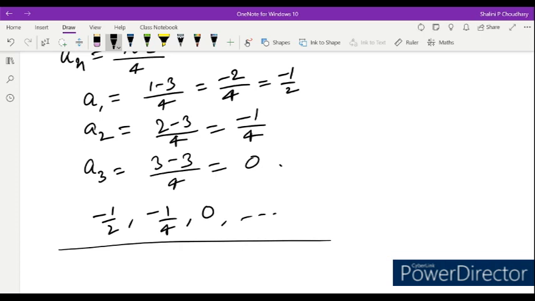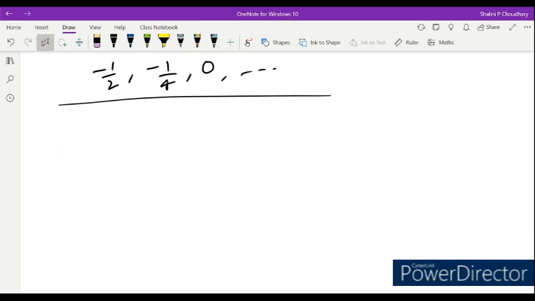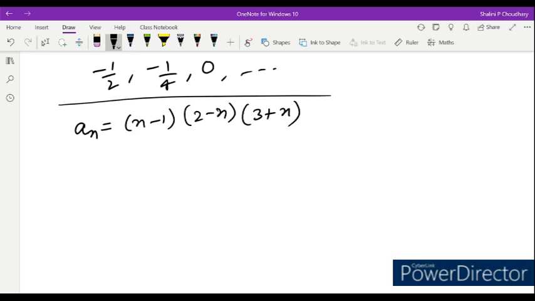Okay, so these are the three terms. Similarly, if we have another question, where an is given as (n minus 1)(2 minus n)(3 plus n), you have to find out the 20th term. So it's easy, in place of n you have to put 20: (20 minus 1)(2 minus 20)(3 plus 20).